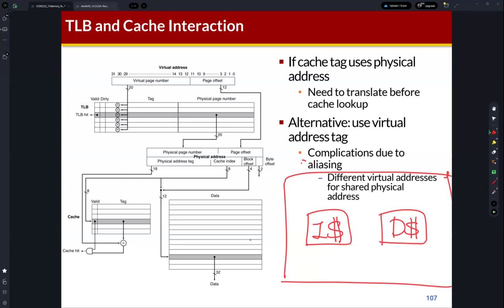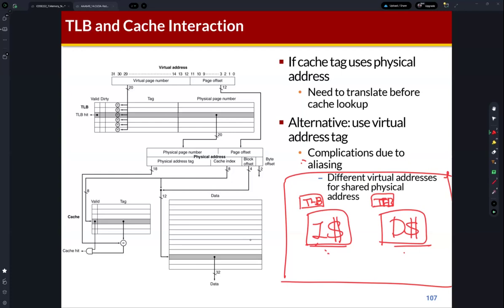So before accessing the data cache or instruction cache, first we need to access the TLB. Because there are an instruction cache and a data cache in a CPU, there are two TLBs: an instruction TLB and a data TLB.